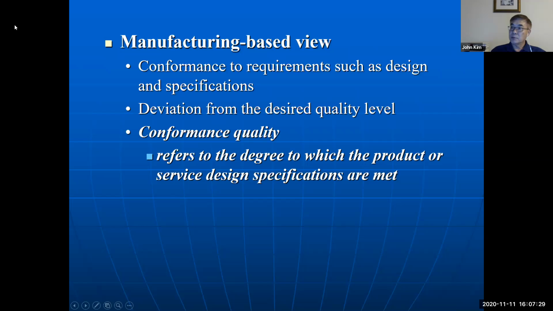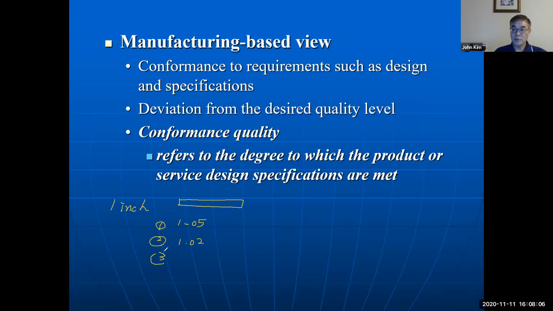Okay, it's like if I design a product, a 1-inch bar. Then produce the first one and then measure. The first one is 1.05. Second one, measure, and then 1.02.